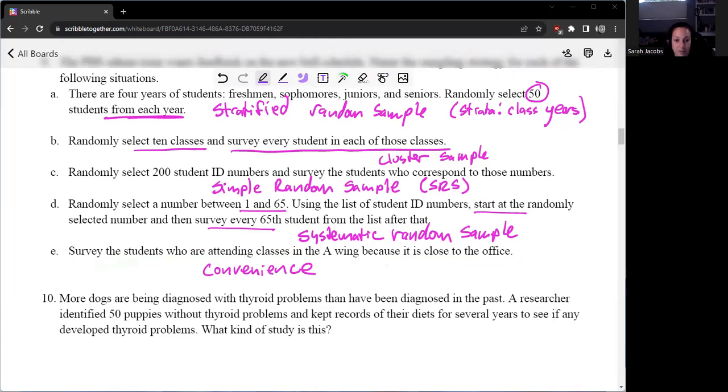You can think of a lot of different reasons why the A wing might not be representative at different times of day. So this is not a valid or good strategy. Okay, onward.